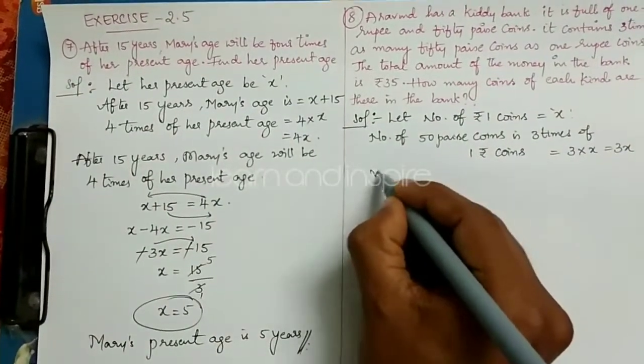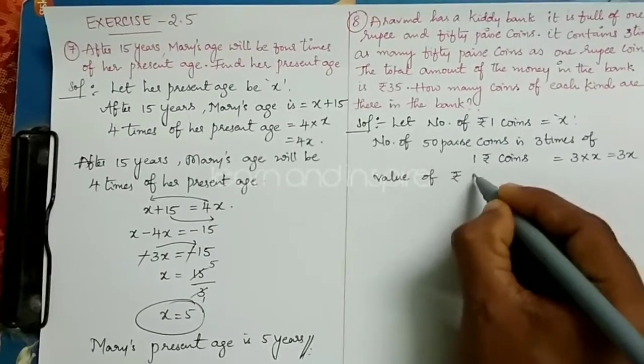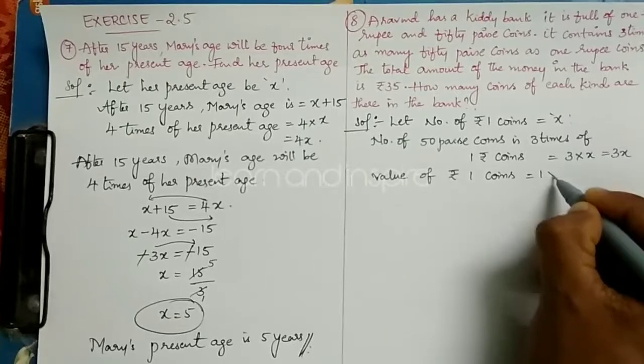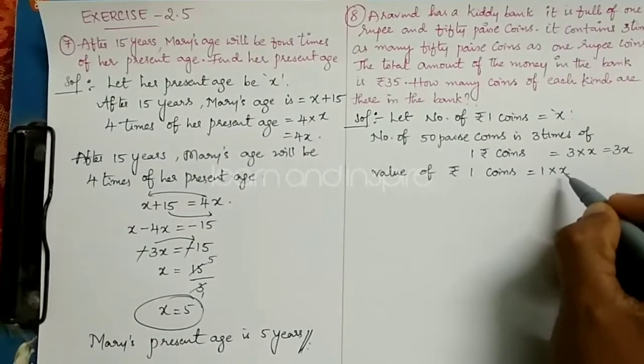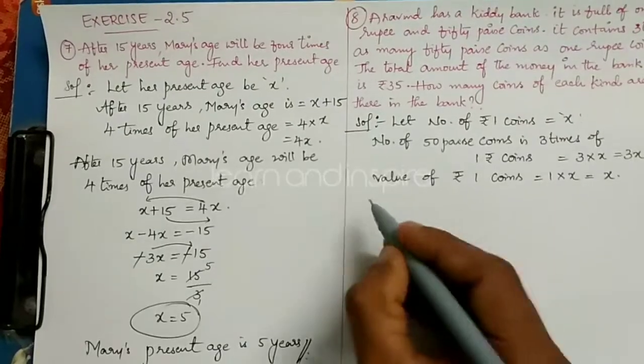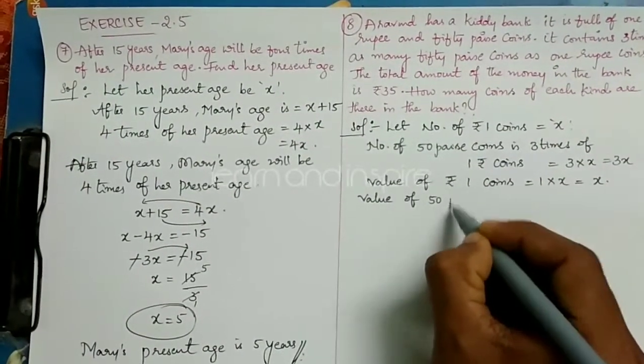Now we write the value of the 1 rupee coins. The value of 1 rupee coins equals 1 rupee into x, since the number of 1 rupee coins is x itself. Now we write the value of 50 paisa coins.